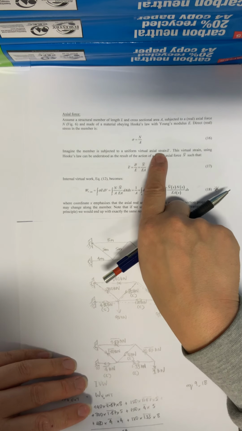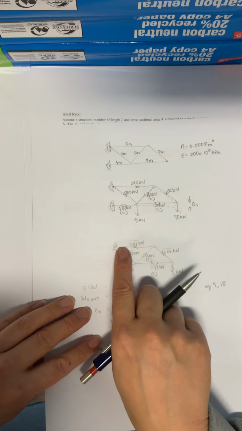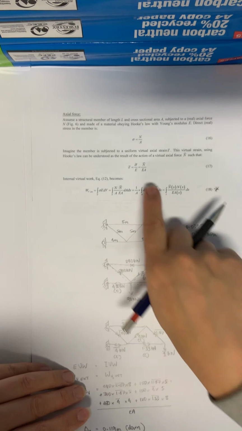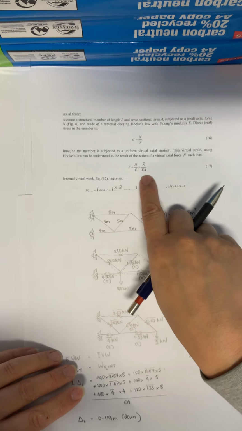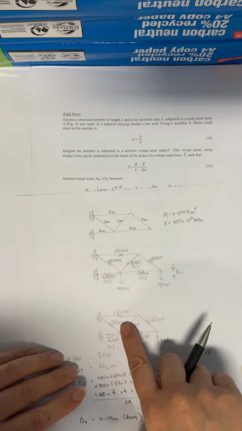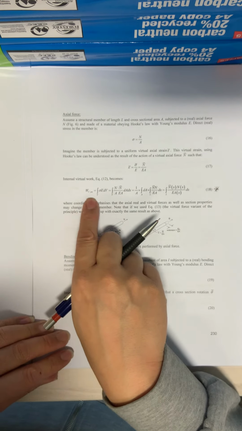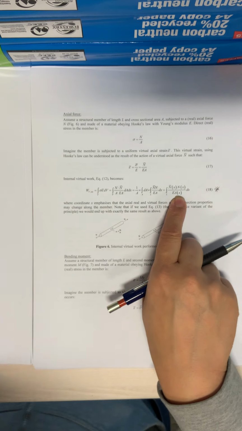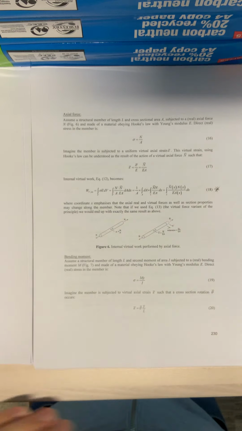And on top of that you're subjecting that to the strain from here, and the strain from there is going to be equal to the virtual force divided by Young's modulus times A, and then the internal virtual work for that becomes that. Okay, so that was what we did there.